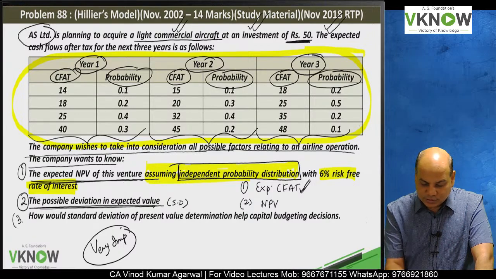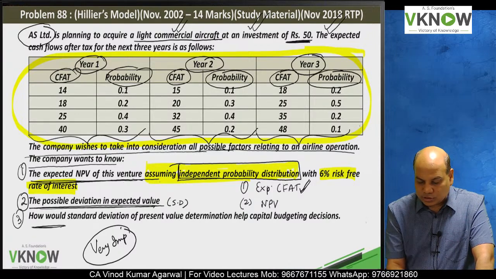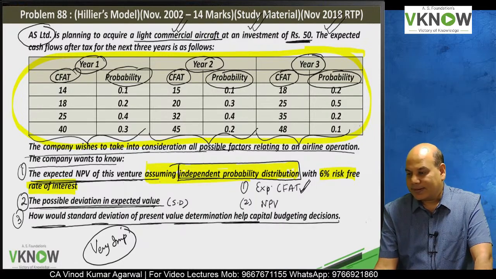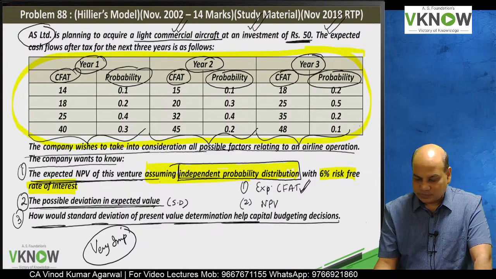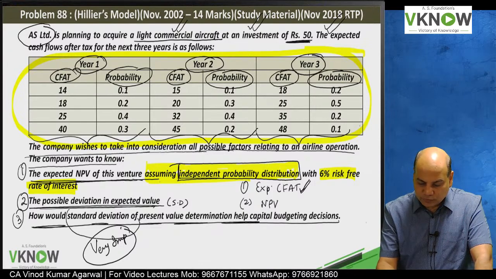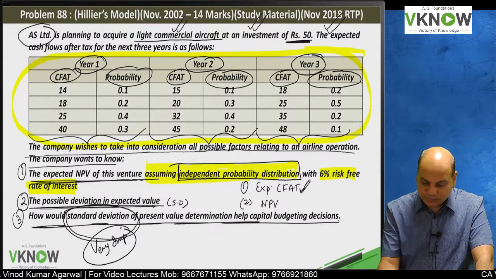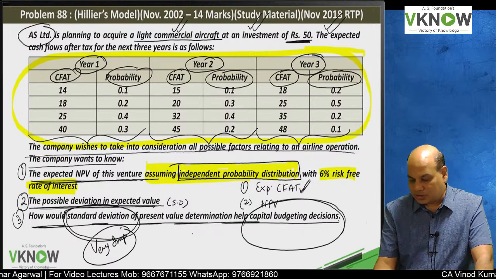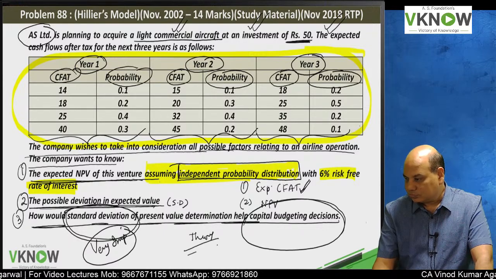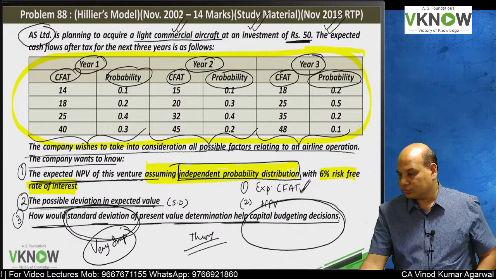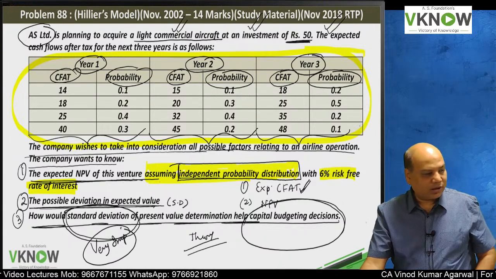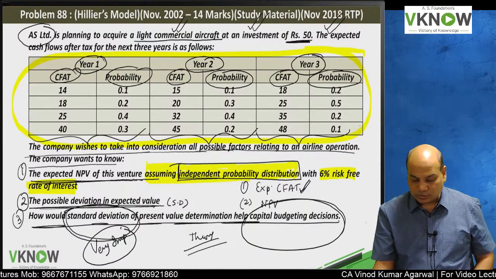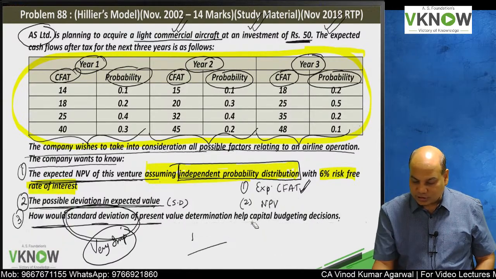And third question, theory question: how would standard deviation of present value determination help capital budgeting decision? So what is the role of standard deviation in capital budgeting decision? This is a theory question which we will answer later. So what will be my course of action now?